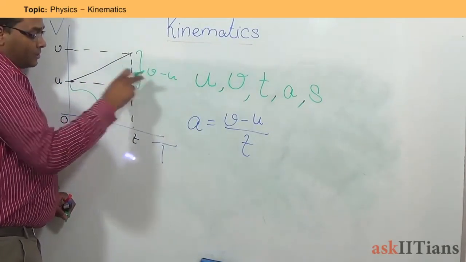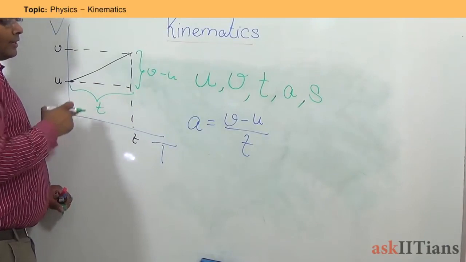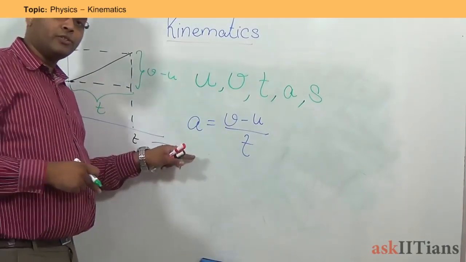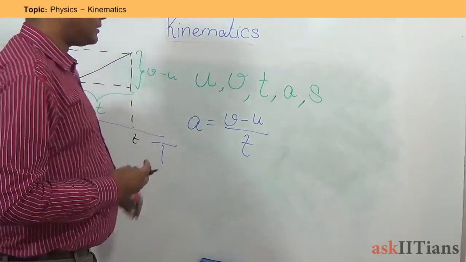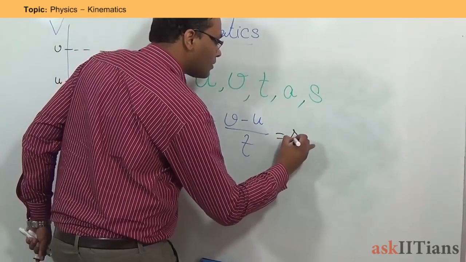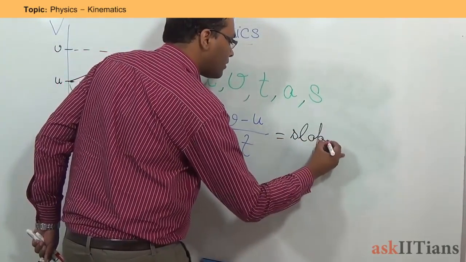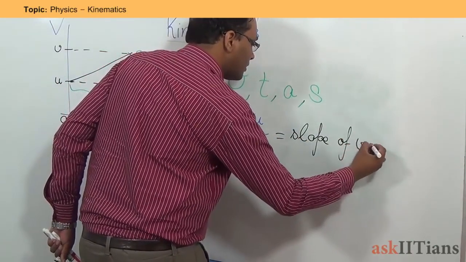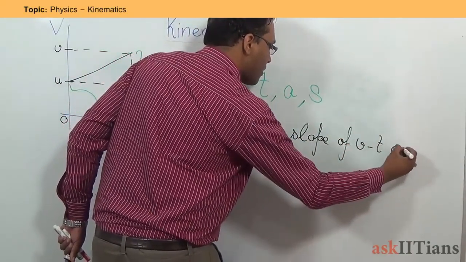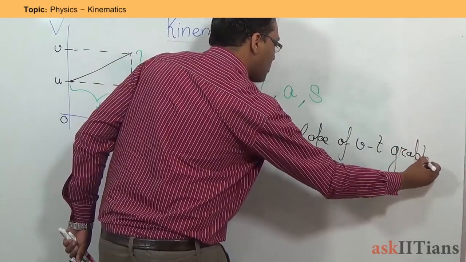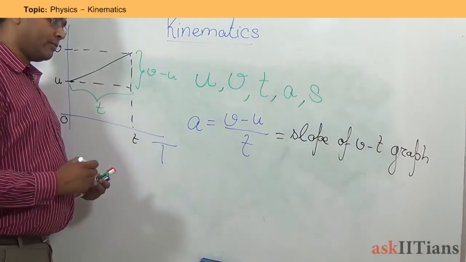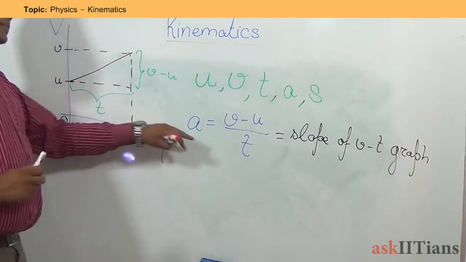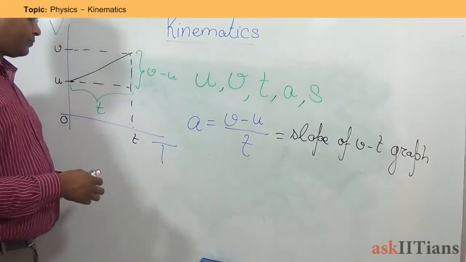Vertical change is v minus u, horizontal change is t. That gives me the acceleration a. So acceleration a is nothing but the slope of the vt graph. This is the value of the acceleration that we have.